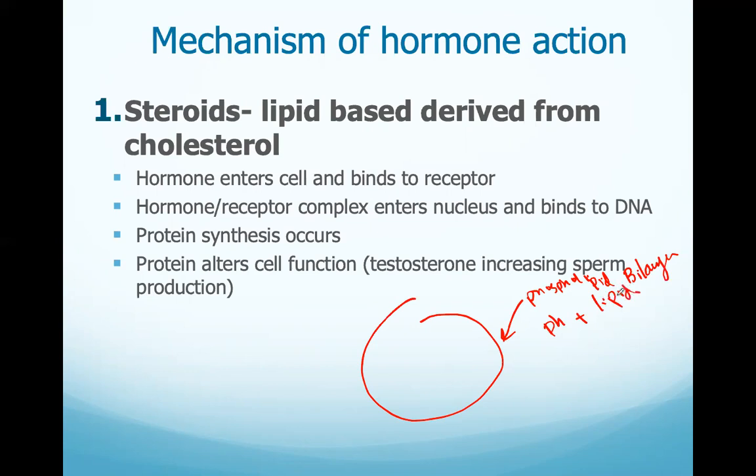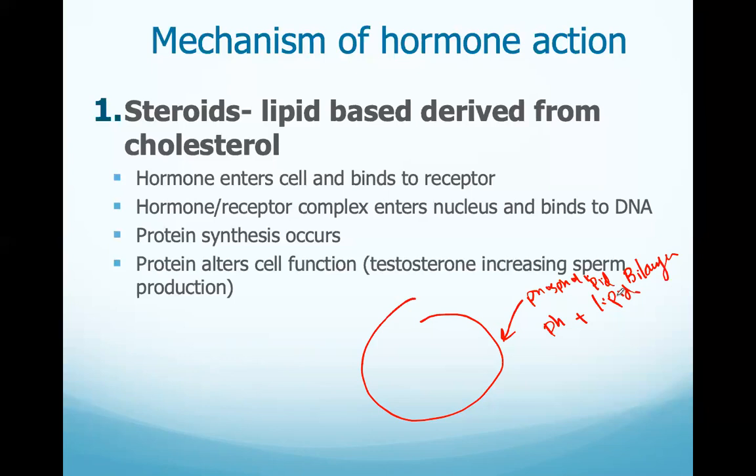So it only allows specific components to pass. If you are fat soluble, these molecules can easily pass through. If you're protein based, then passage through the membrane is definitely not possible.